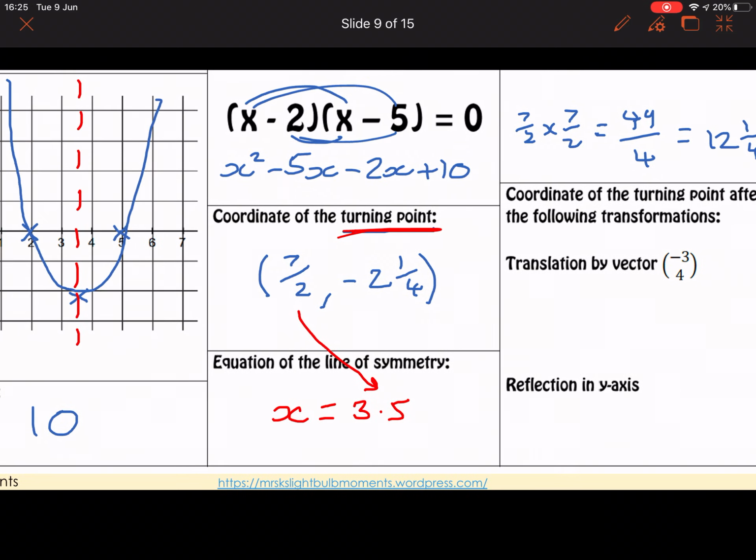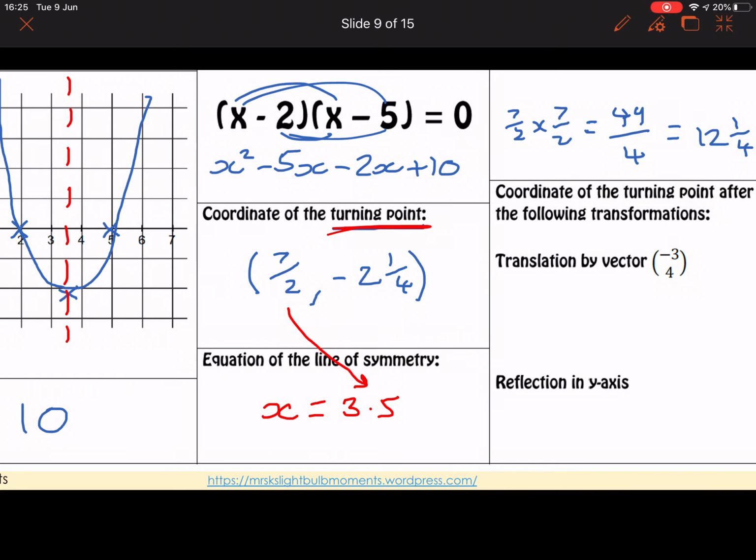Right, last bit. We're going to do a few transformations. So we need the coordinate of the turning point after the following transformations. Now a translation by vector minus 3, 4. Do you remember your vectors are just like coordinates? It's x before y. So that's what we're talking about.